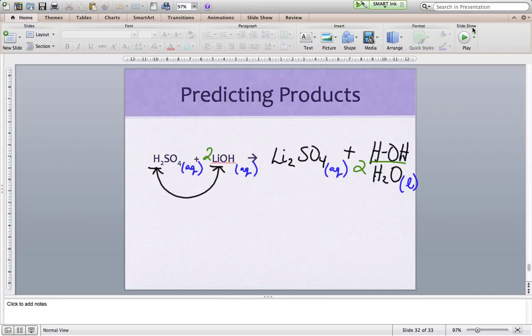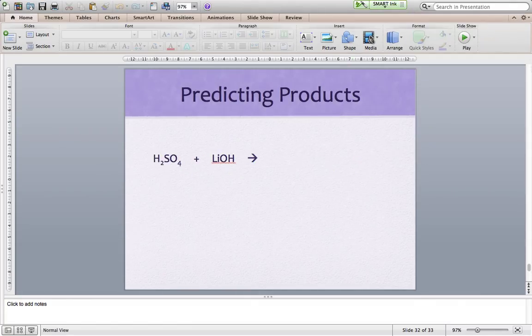So those are double replacement reactions. Again, with double replacement reactions, when we're taking a look at neutralization, remember that the H here is going to come and be with the OH here to form water. That's one tip on double replacement.